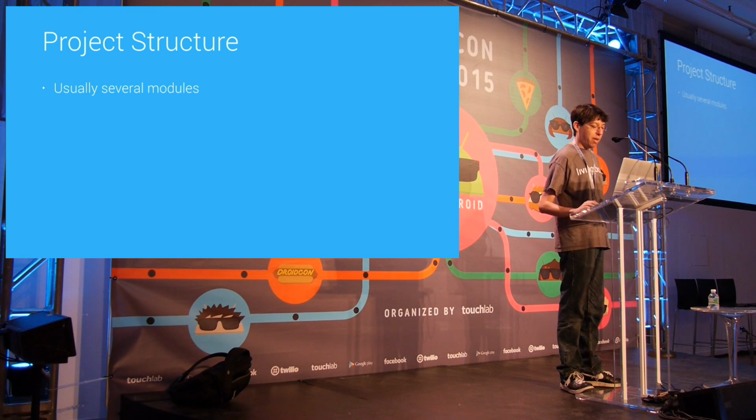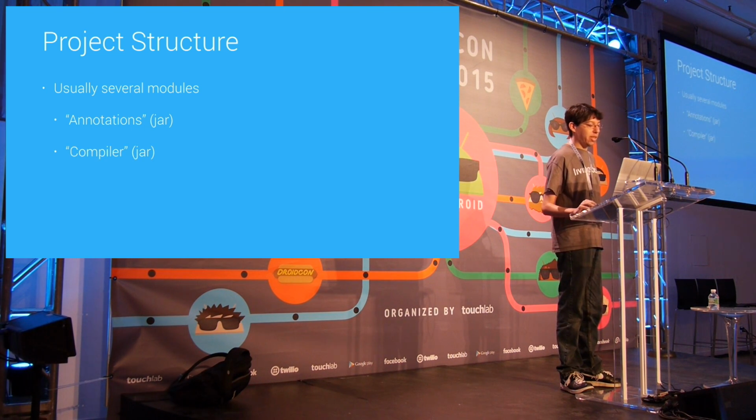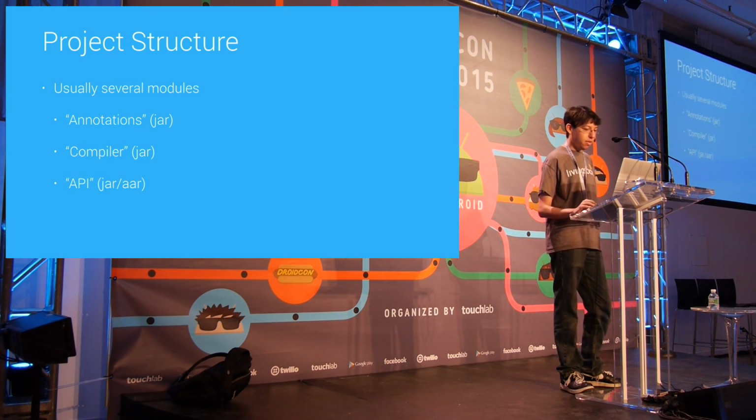I found that 3 is better because a lot of times people use hacks to make the two module approach work, and I'll get into that a little bit more. So there's going to be an annotations module, that's just a plain old jar, a compiler module, that's also a jar, and then an API module, which can be a jar or AAR. So let's talk about each of those modules.